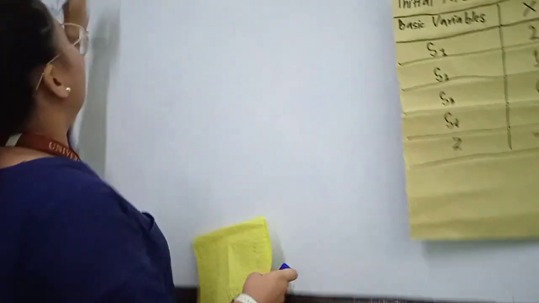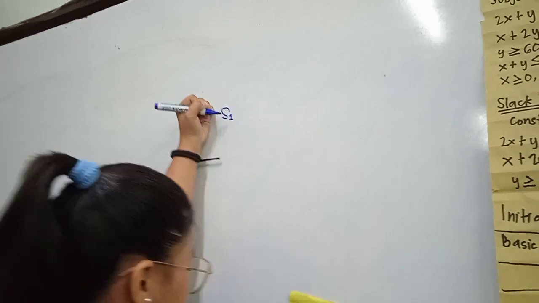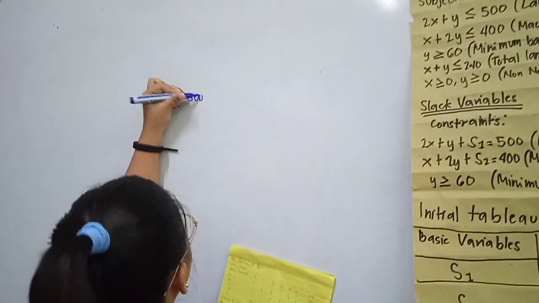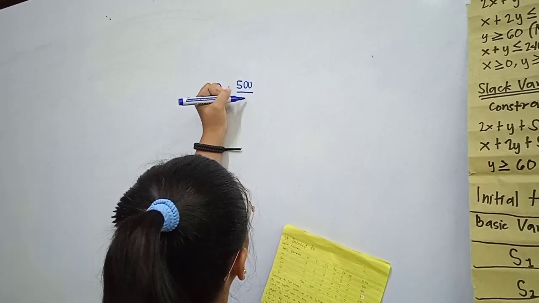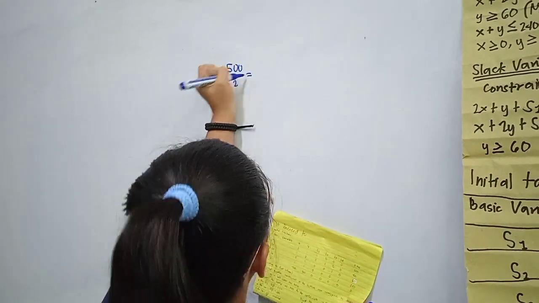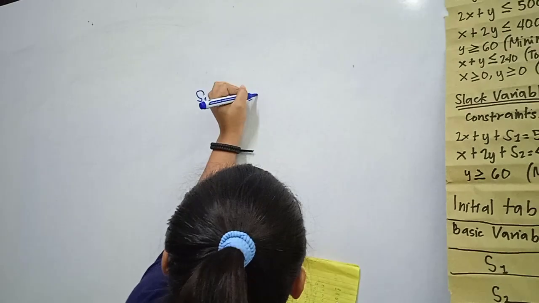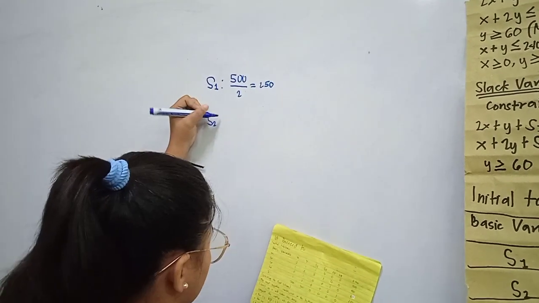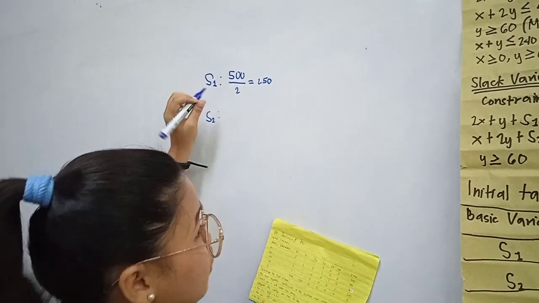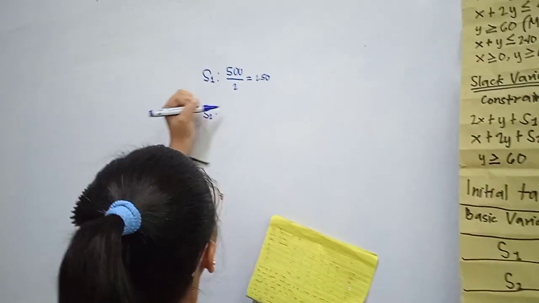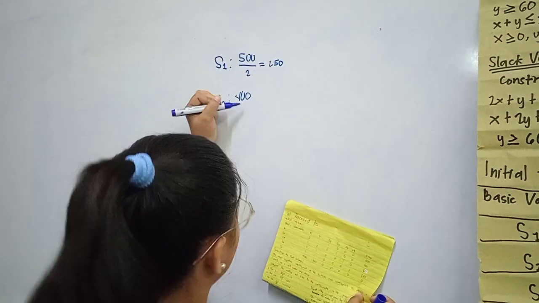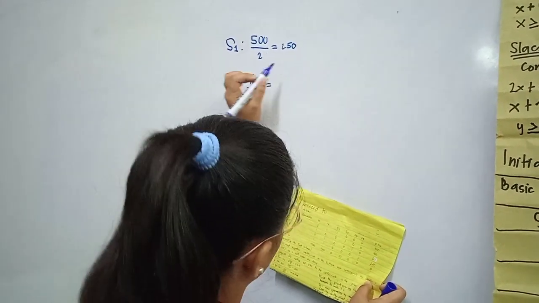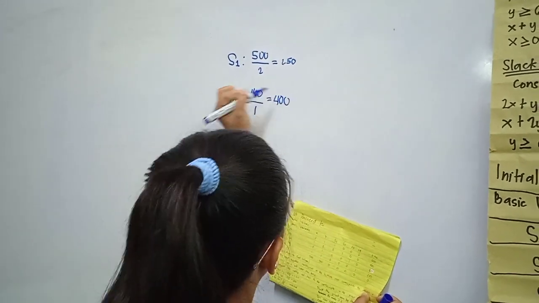So, S1 is 500 over 2 equals 250. S2 is 400 over 1 equals 400.